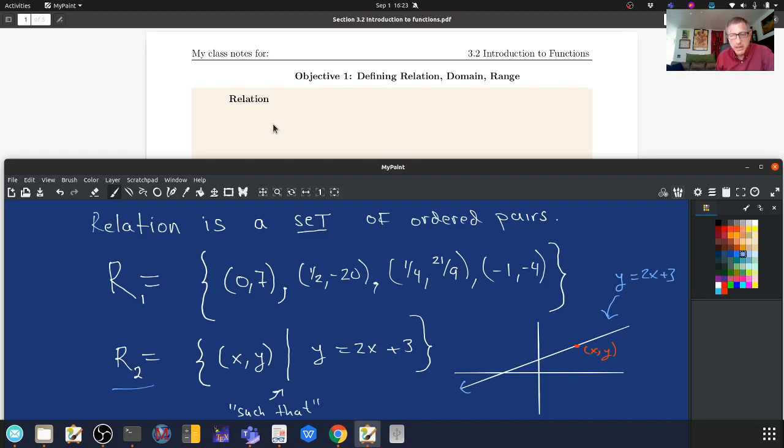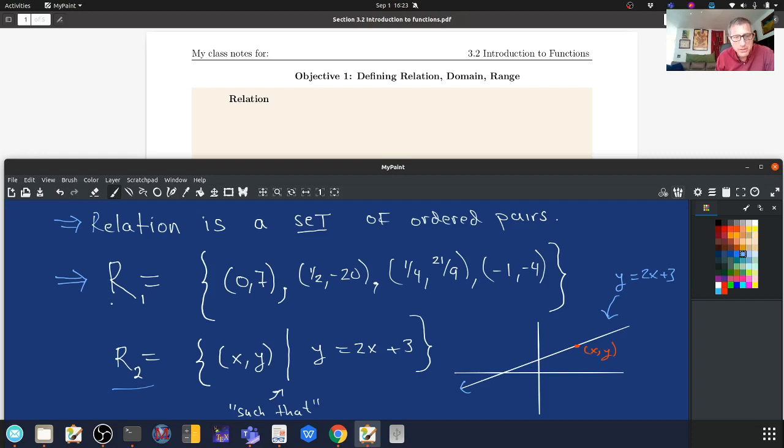So let's go on. If this example 2 is a little bit too much for you, just focus on example 1 right now and how easy this particular definition is. A relation is a set of ordered pairs. It doesn't say how many elements it has to have in there, but I think we require at least one. We don't deal with the trivial relation.